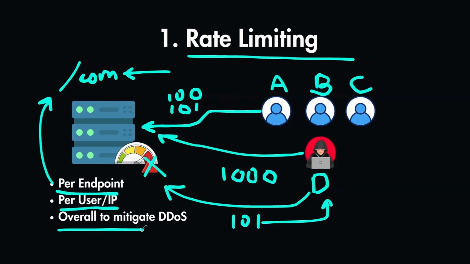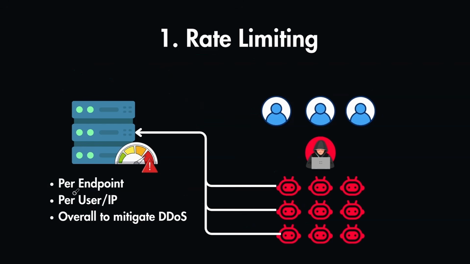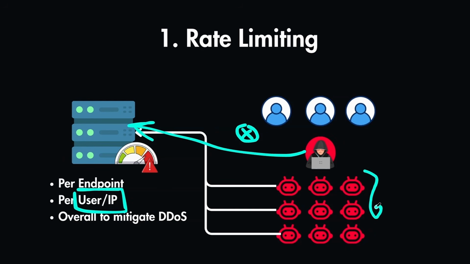And there is also overall rate limiting to protect from DDoS attacks. Since you can set the rate limit to work per user or per IP address, that means this attacker alone cannot send that many requests. You will block it with your rate limiting in the API. But what they can do is spin up some bots, and each bot will have its own limit, right? Let's say you've set it to 100 per IP address.